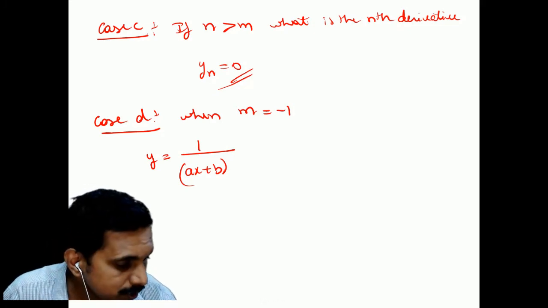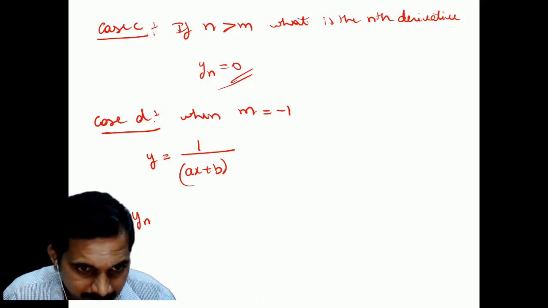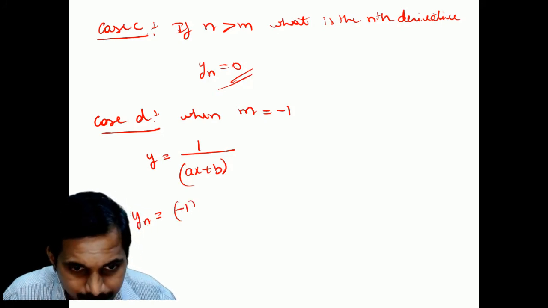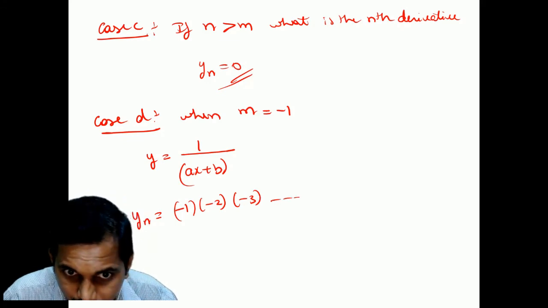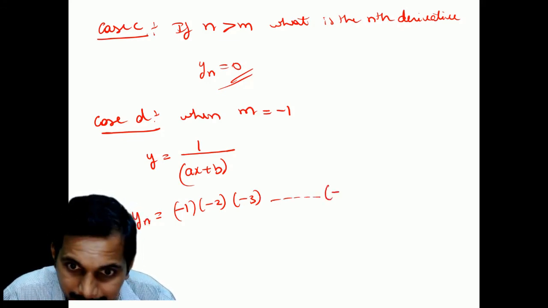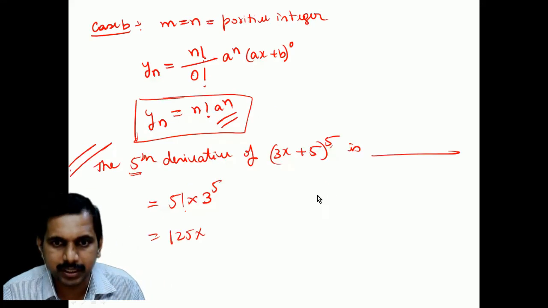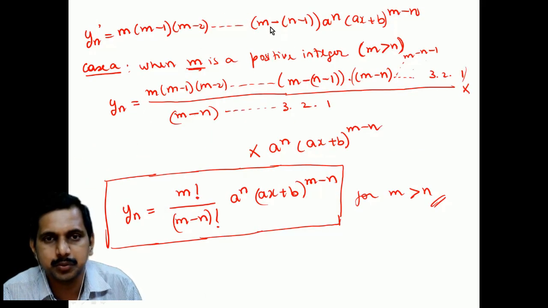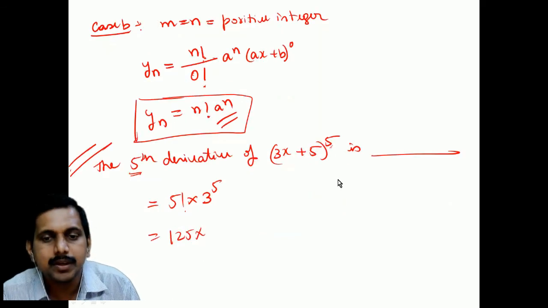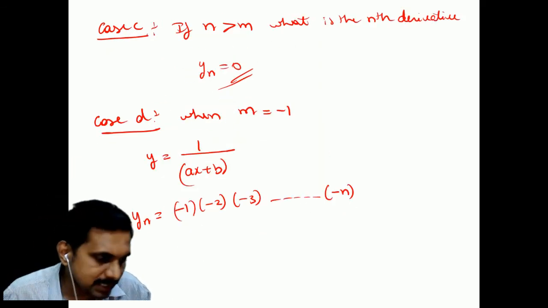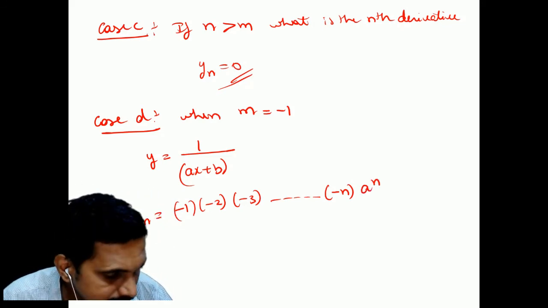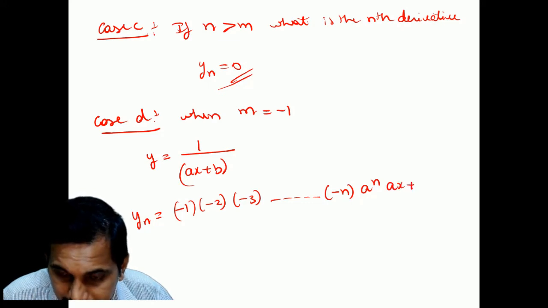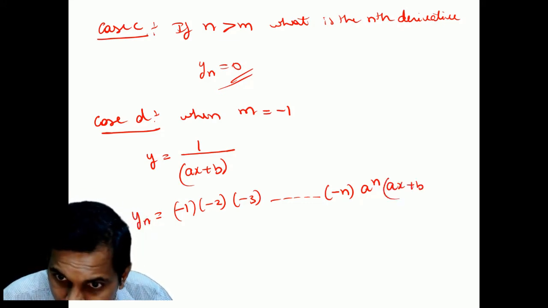So here yn would be equal to minus 1 into minus 2 into minus 3 and so on up till minus n. You see, I am just substituting m as minus 1 here. Now when you do that, you get minus n into a raised to n into ax plus b raised to minus 1 minus n.